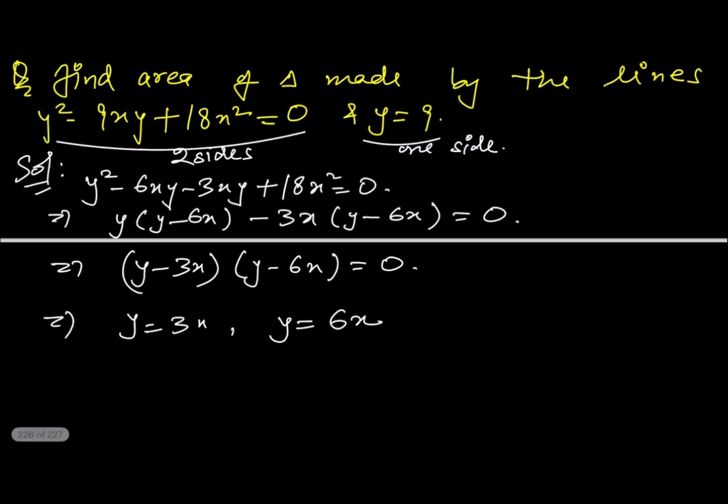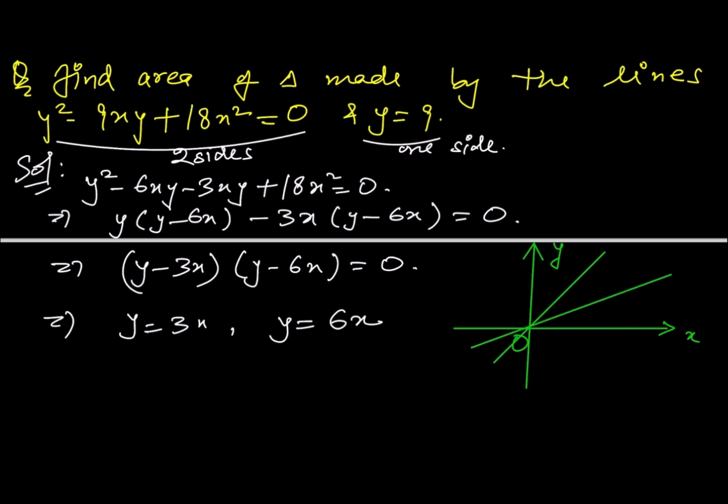So here is a triangle. y is equal to 6x is this, y is equal to 3x is this, and y is equal to 9 is this.